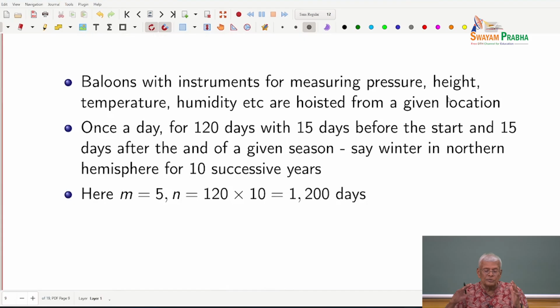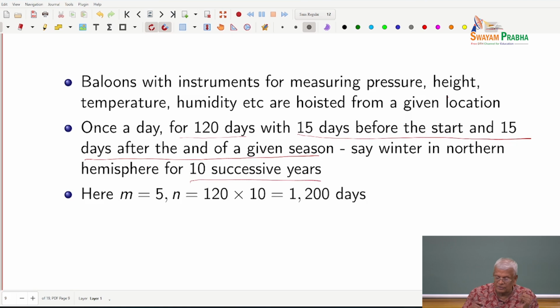Earlier, balloons with instruments for measuring pressure, height, temperature, and humidity were hoisted from a given location once a day for 120 days, with 15 days before the start and 15 days after the given season, say winter in the northern hemisphere, for 10 successive years. A season is about 90 days.